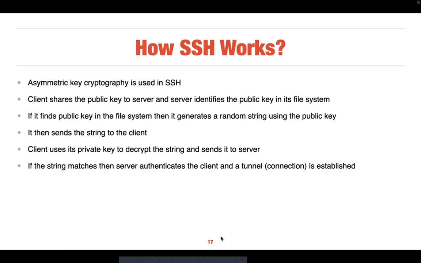So your laptop decrypts that string and then sends it back to the IIT Madras server. Then because you have the correct private key, the decryption is correct and you are able to connect with that server because it authenticates you.